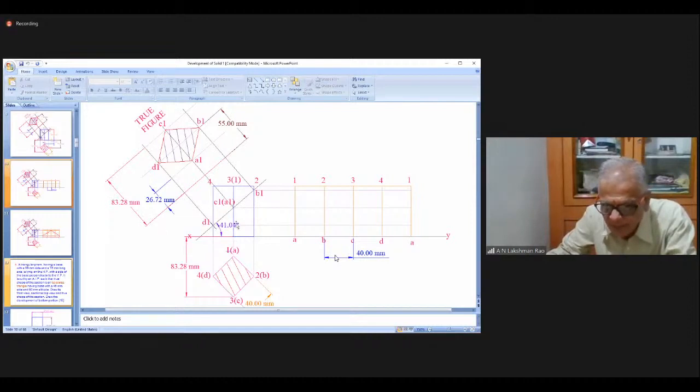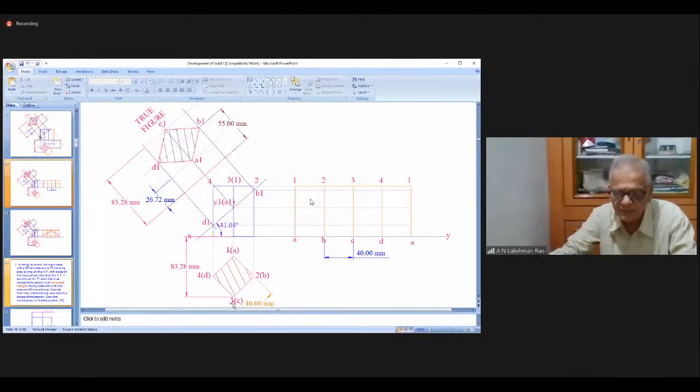Now, from D1, I am drawing a horizontal line. Where is D1? D1 is on D. So let me go to D. I have to mark D here, D4 or whatever you want. Now, 3C, where is 3C? C is here. Where is 3? This is 3. A is here. So here, A should be from here.